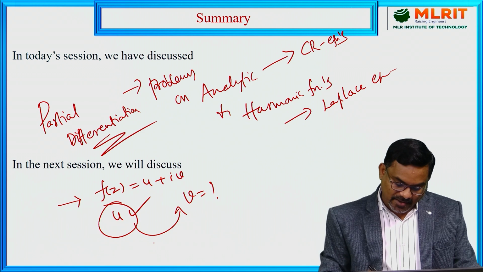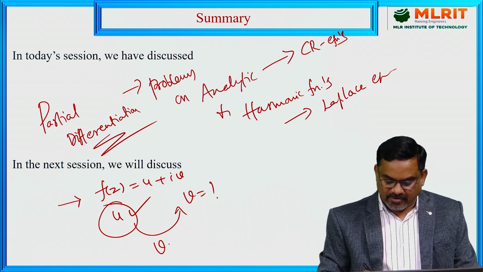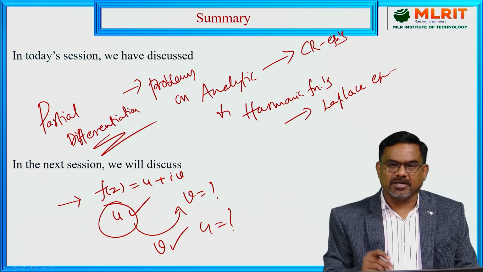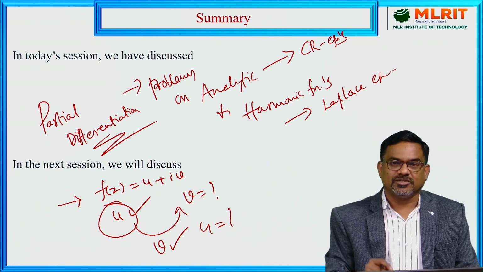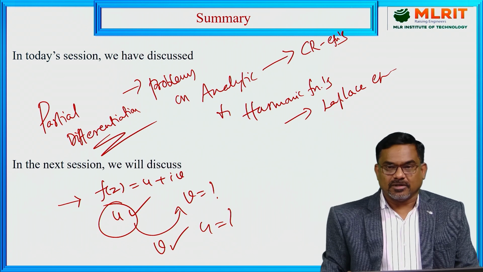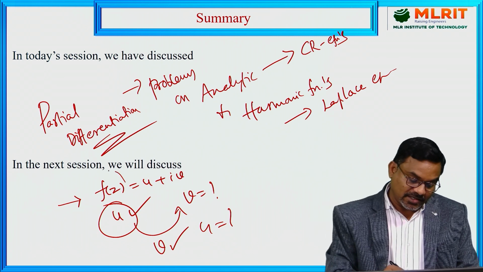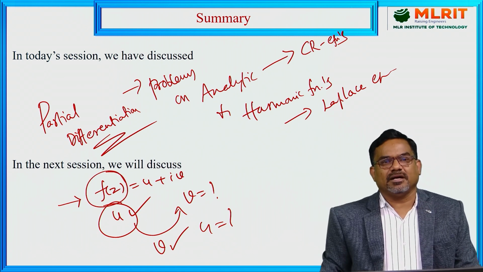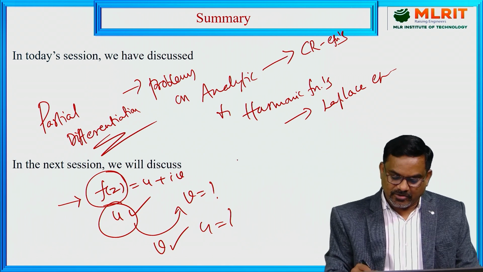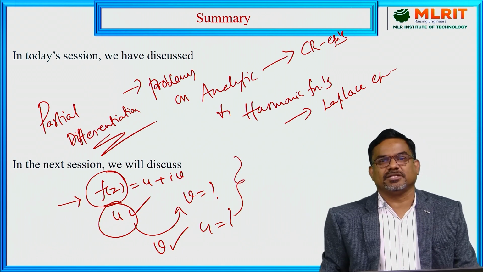Similarly, sometimes the imaginary part will be given, and we need to find the real part. So, if only one of the real or imaginary parts is known to us, we can evaluate the other part also, and not only that, we can directly find the analytic function f(z). So, we are going to discuss those two methods in the next session.